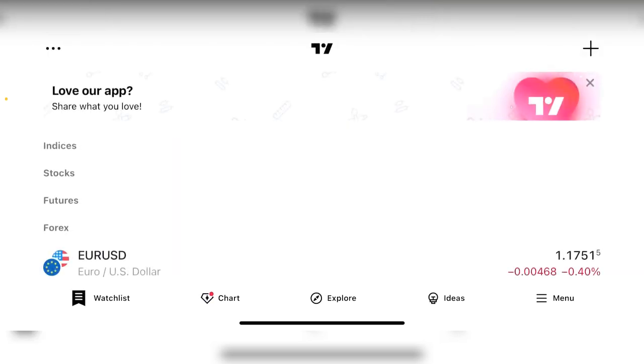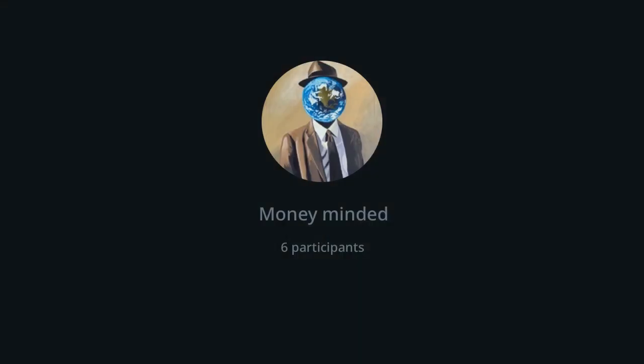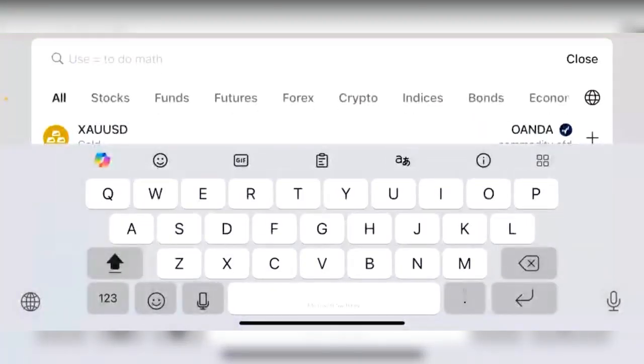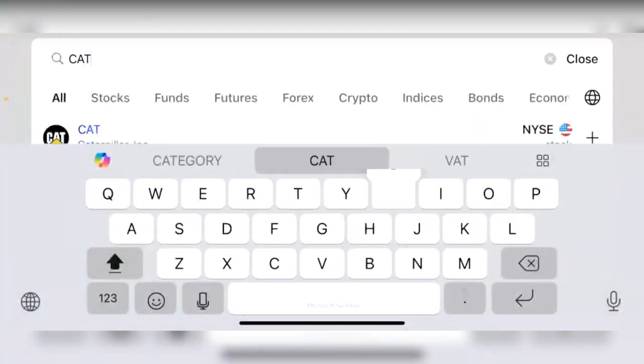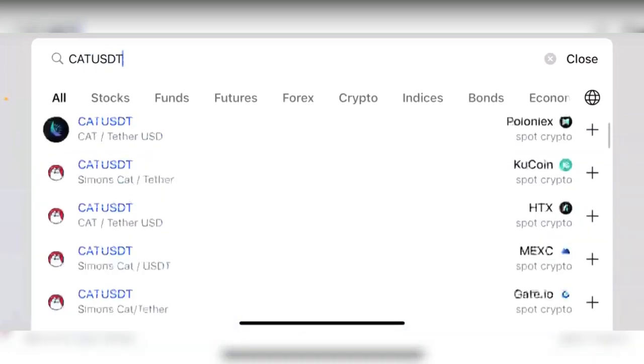So watchlist is to add any pair you want to add. You get? Watchlist is to add any pair you want to add on TradingView. That's what it's used for. So any pair you search for, you can also search CAT USDT, and you'll find it there.